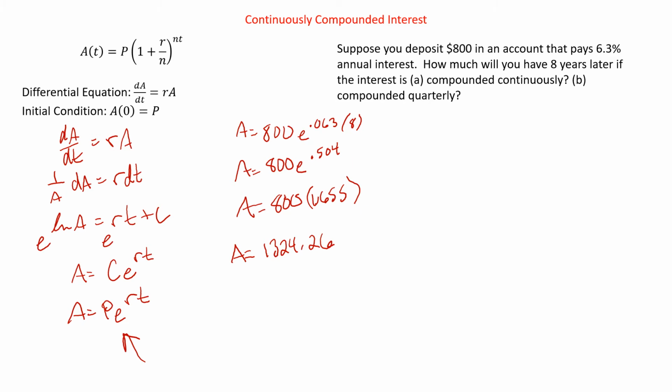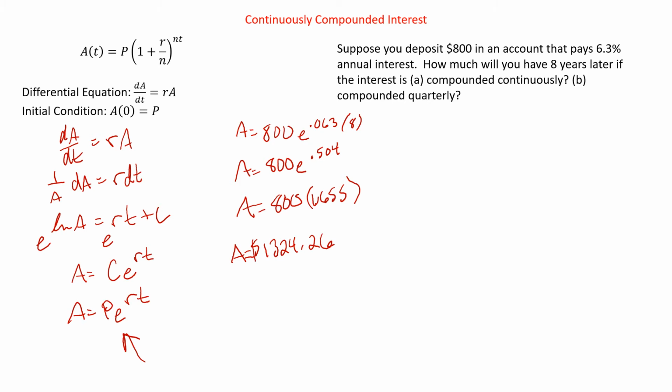Now, for the end, I am going to leave it at 2 digits because we're talking about money. That 349 doesn't matter. 26 cents. So we have $1,324.26 in the account after 8 years if it's compounded continuously.